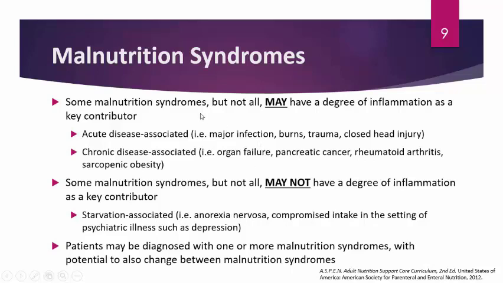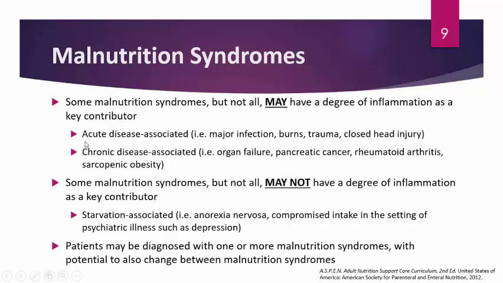So, in general, many malnutrition syndromes have some degree of inflammation as a key contributor, and that can be related to an actual disease state. Essentially, a disease state here is the driver of the inflammation that's going on. So that's broken down into two parts: acute disease associated and chronic disease associated.